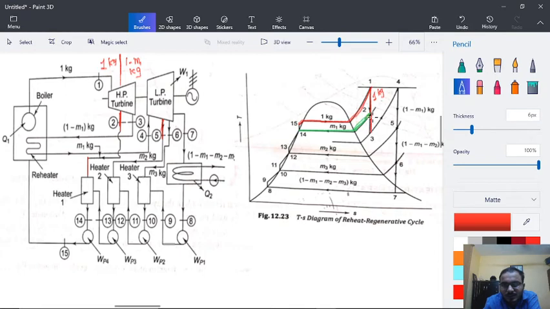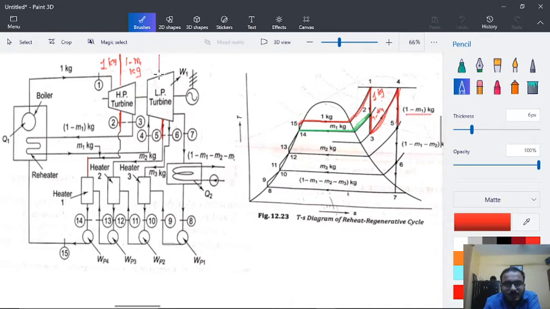So this is 1 minus M1, and it is going into the reheater, so it is from 3 to 4, and then after reheating it is again expanded into the LP turbine. So this is again for the LP turbine, where 1 minus m1 kg is expanded over here.